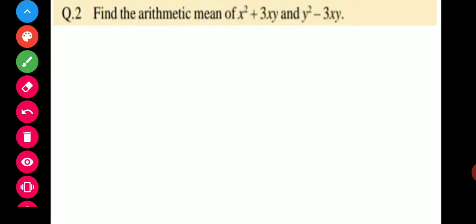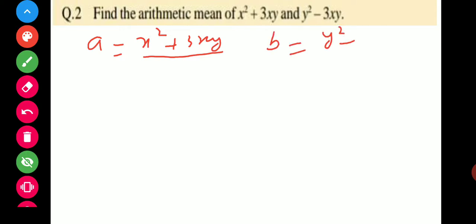Now come to the second question. Find the arithmetic mean of x square plus 3xy and y square minus 3xy. How can we do this? A is given as x square plus 3xy and B is given as y square minus 3xy.